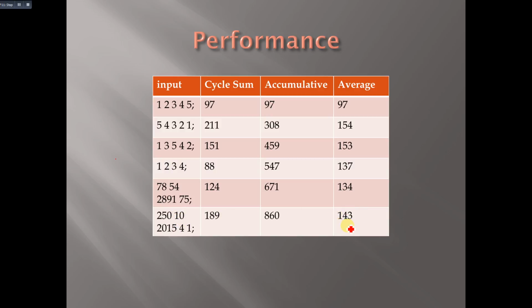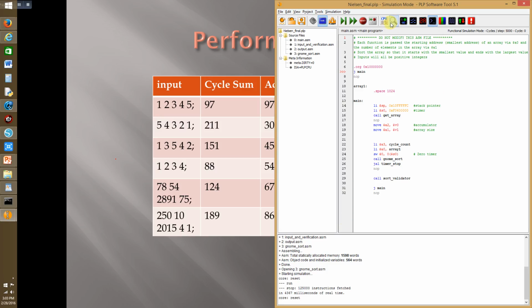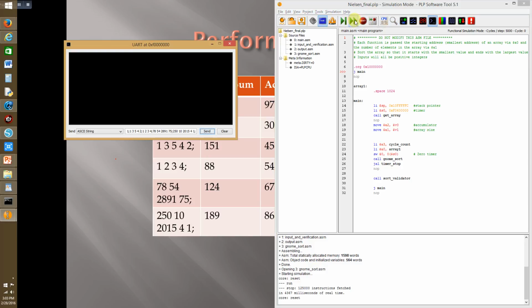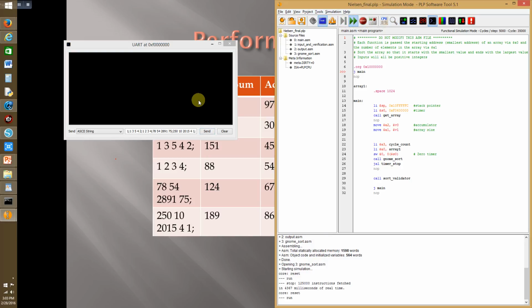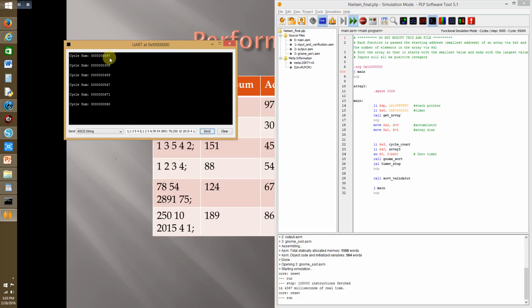So my average with these 6 is 143 cycles. Now we'll take a look at my code as it's working. And as you can see, it does pass, and all of them work like they should.